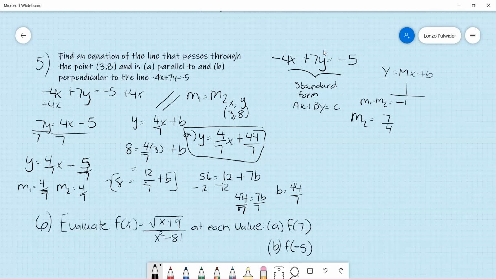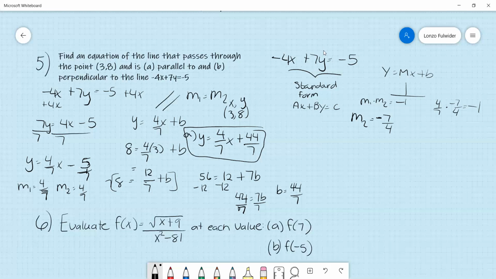And then it says negative reciprocal, so you have to add a negative. And how you can check it is you do m1 times m2, the outcome should be -1. So if you do 4/7 times -7/4, if you multiply that out, you're going to get an outcome of -1. So that's how we know m2 is -7/4. Just remember, it's the negative reciprocal of m1.